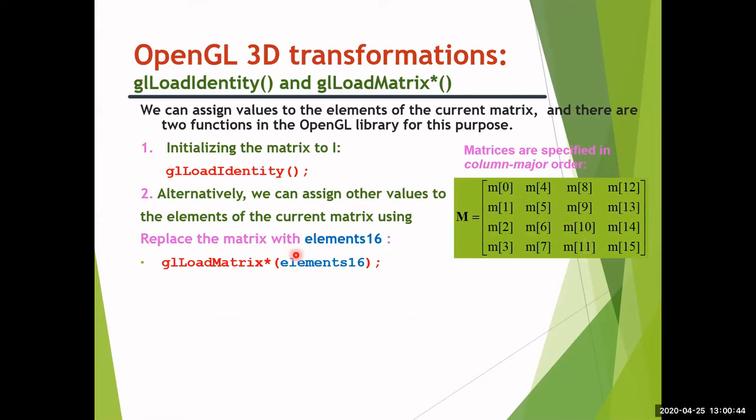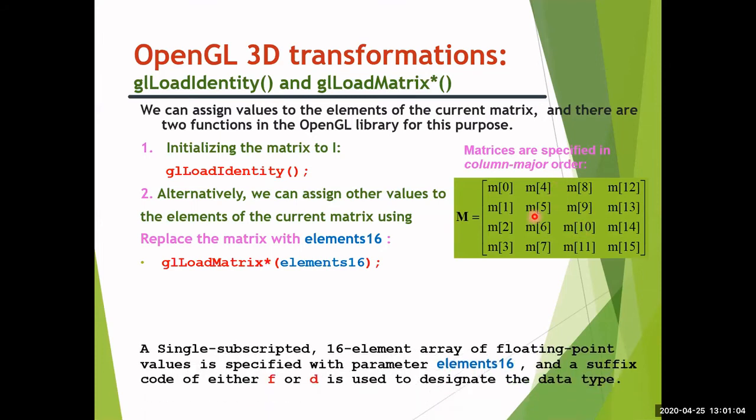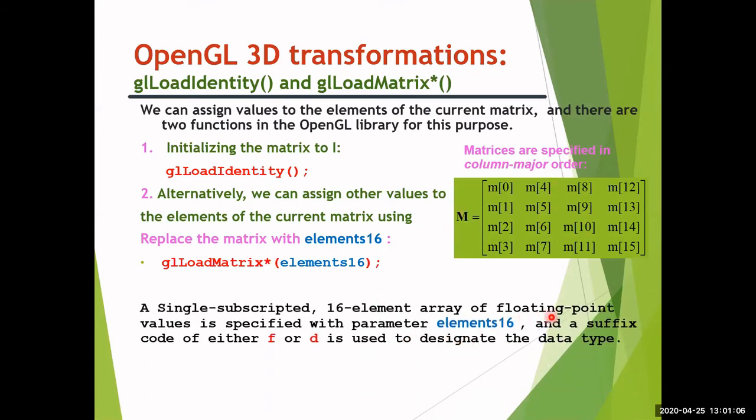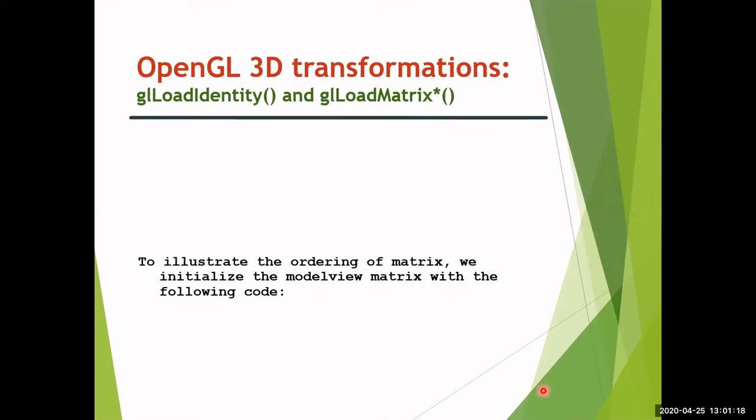Now, if I want to store this matrix onto the current matrix, which is there in the model view matrix mode, then we can pass this. Assume element 16 is an array of 16 floating point elements, because we have a float f here with the parameter element 16 and a suffix, either f or d, which designates the data type.